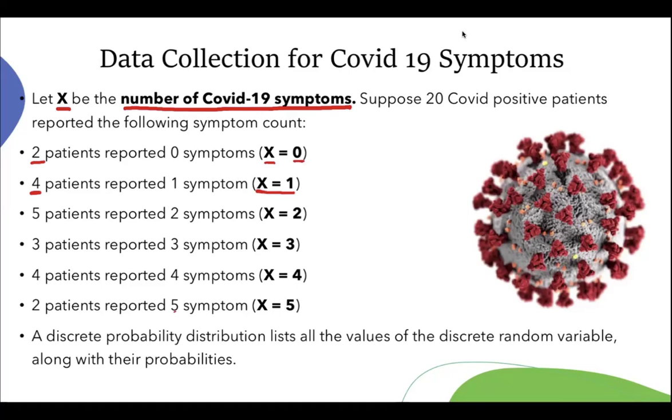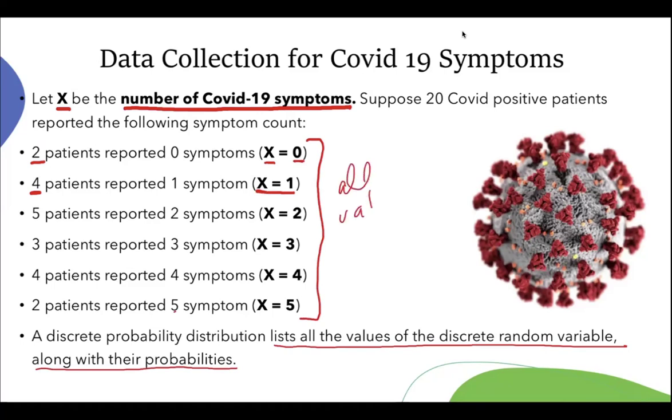A discrete probability distribution is going to be in the form of a table. It will list all the values of the discrete random variable along with their probabilities. Given what we have here, these are all the values of X, and they range from 0 to 5.